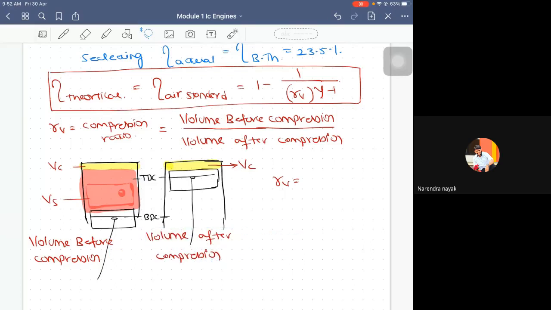Now, can I write volume before compression as VC plus VS? Am I right? But once you compress the piston from BDC to TDC, only VC would remain at the top. So volume after compression is VC and volume before compression is VC plus VS. Everyone understood why I have taken it like that?